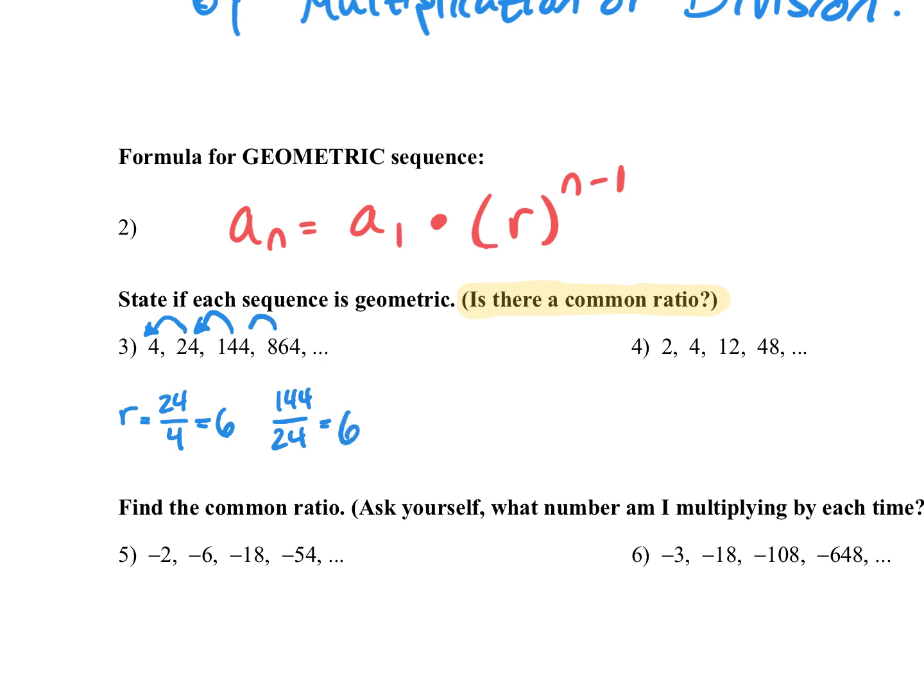And then you want to check your last one. 864 divided by 144 also equals 6. So, since they all equal 6, is this geometric? Your answer would be yes, because the ratio is the same.